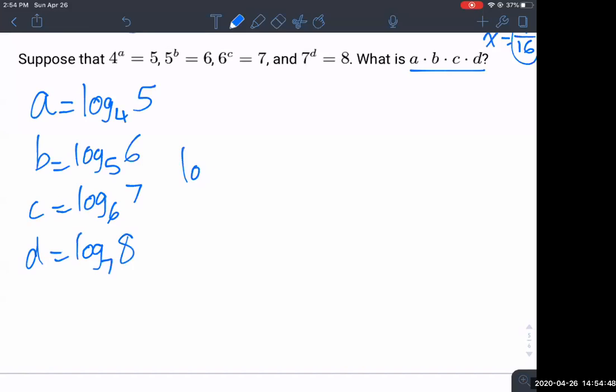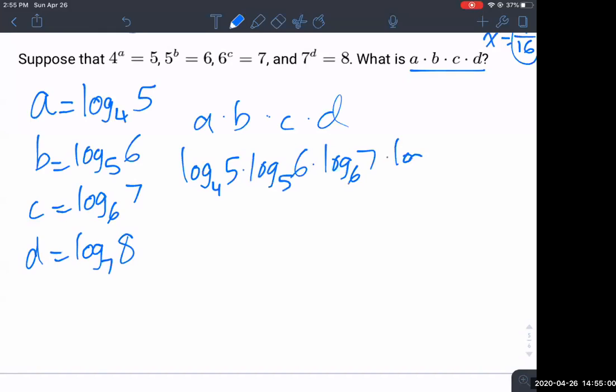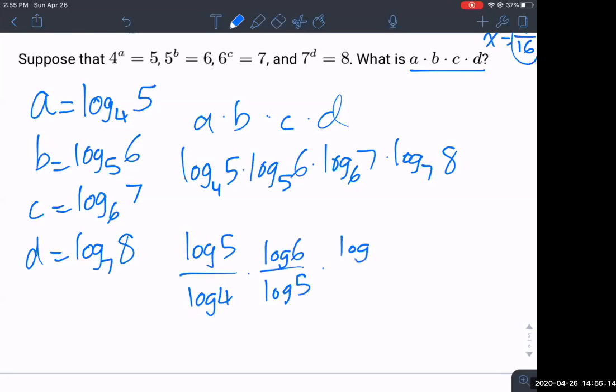So when we multiply all these together, a, b, c, d turns into log base 4 of 5, log base 5 of 6, log base 6 of 7, and log base 7 of 8. And then with change of base, we can write them as log 5 over log 4, log 6 over log 5, log 7 over log 6, log 8 over log 7.